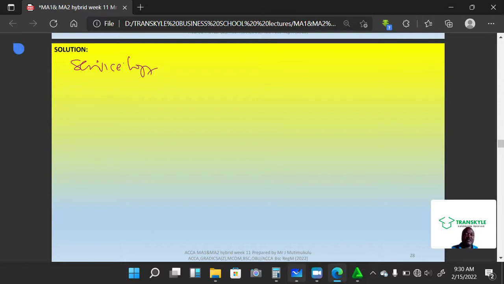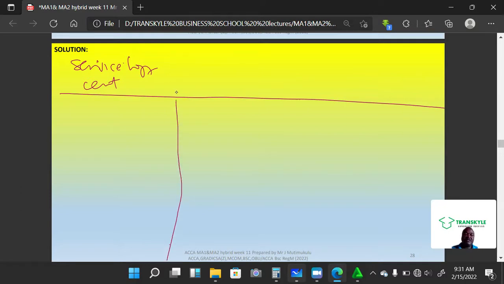It's just a table. Then the basis of apportionment. What's the basis?